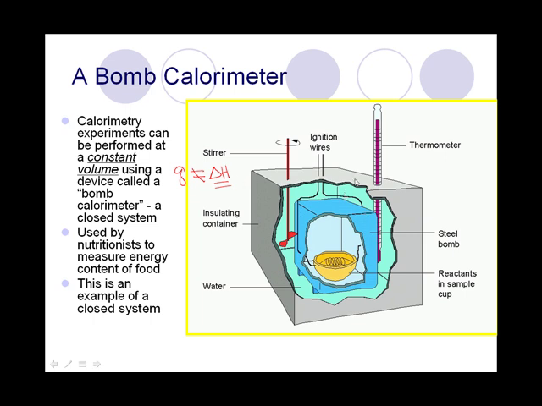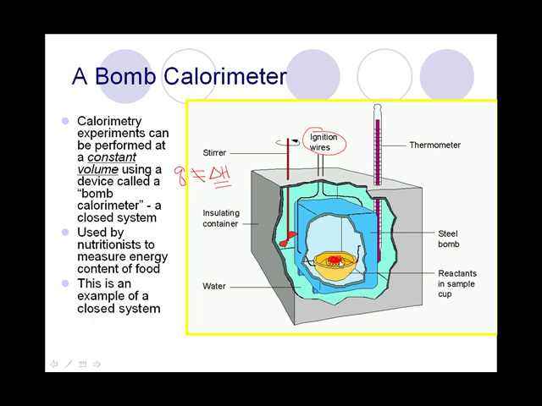So this is a bomb calorimeter that is often used to measure the energy in food content. They put a little bit of food here, and this is an electrical lead that is connected to the food. And once there's an ignition in the wires, it makes the food inside burn.